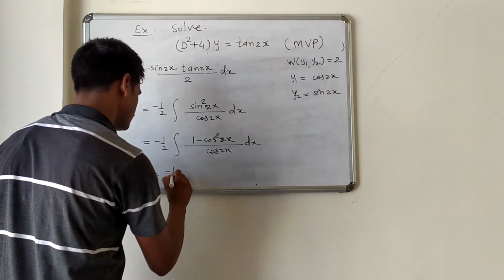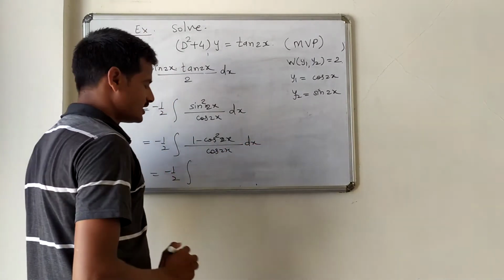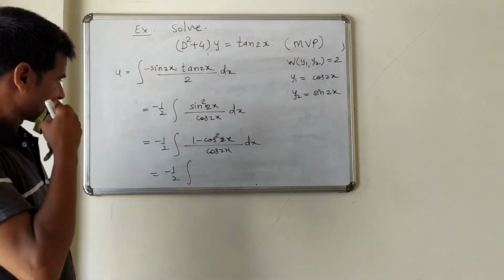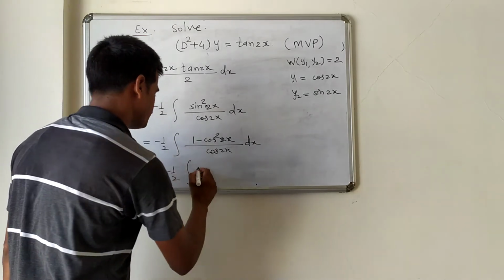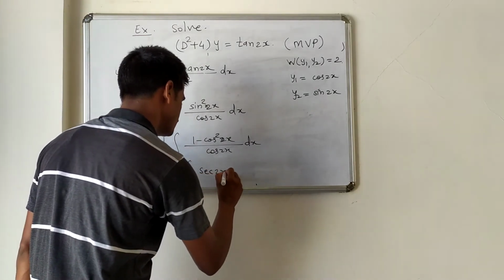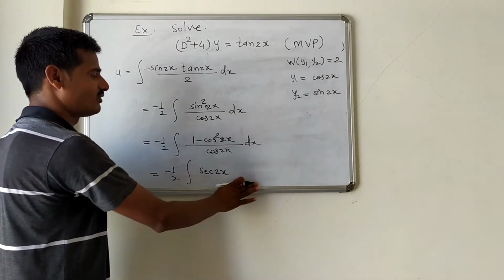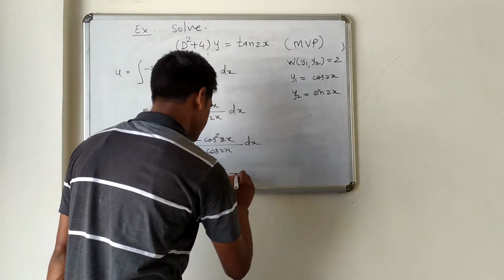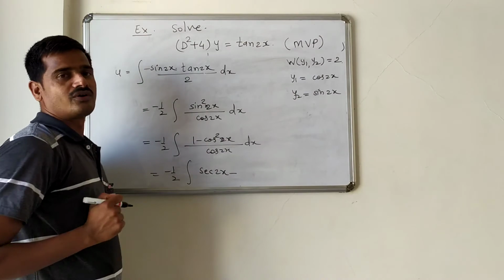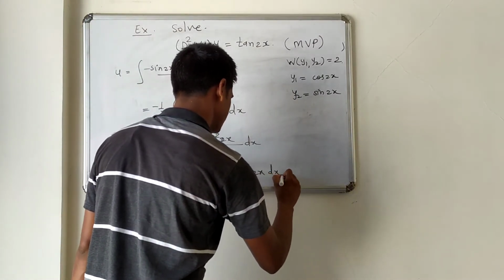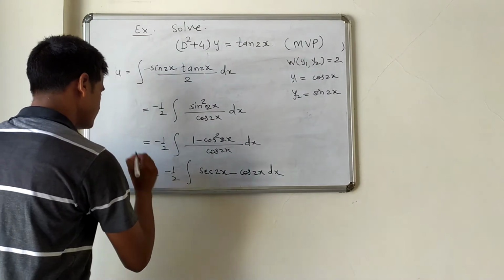So is equal to minus 1 by 2. Now integration of, what is integration of 1 upon cos 2x? 1 upon cos 2x is sec 2x. We will find out integration later. Minus cos square 2x upon cos 2x, it is cos 2x dx. So this is your u.